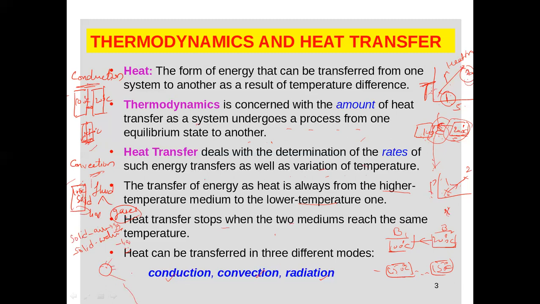So there are three modes of heat transfer: conduction, convection and radiation. Conduction is heat transfer between two solid surfaces, convection is heat transfer between a solid and a fluid medium, whereas radiation is heat transfer in the form of electromagnetic waves.